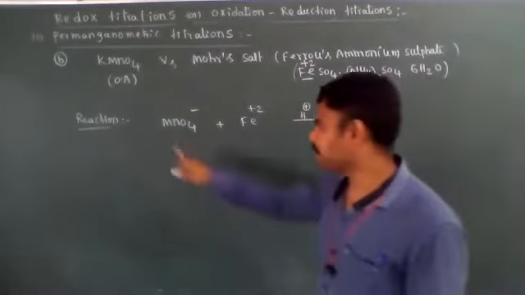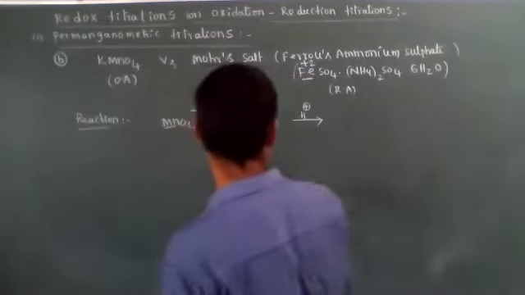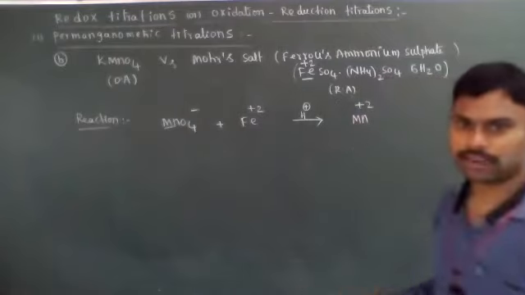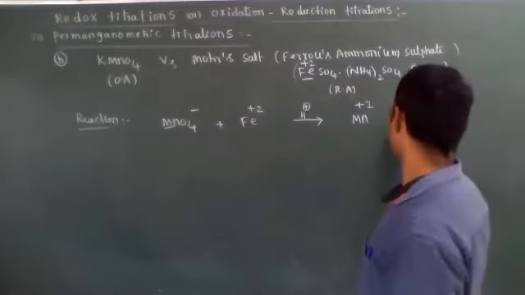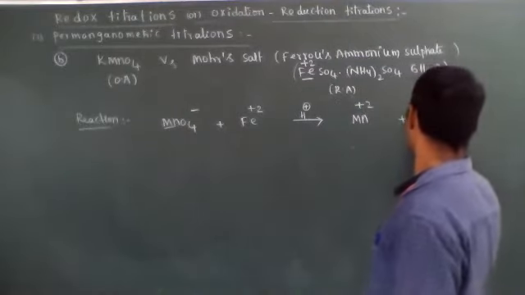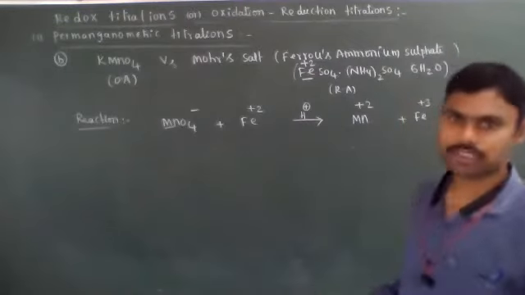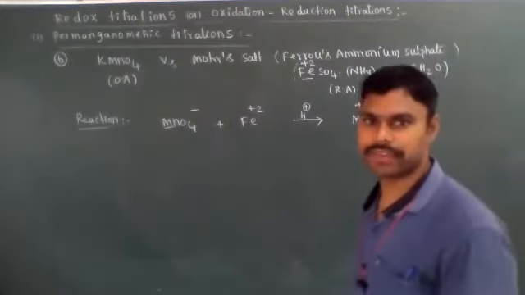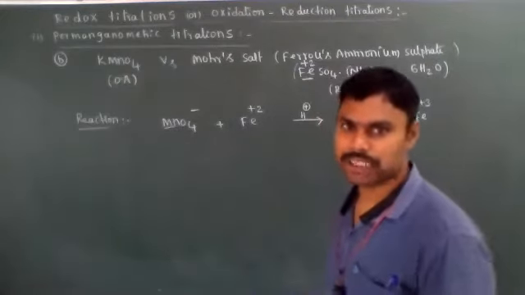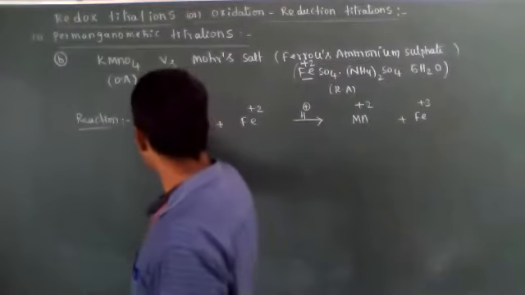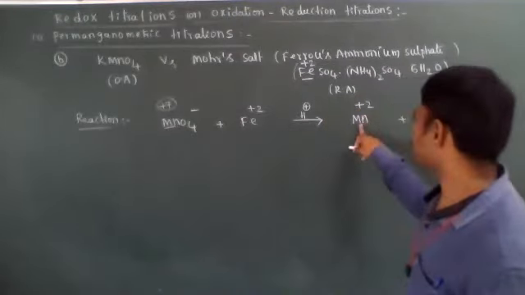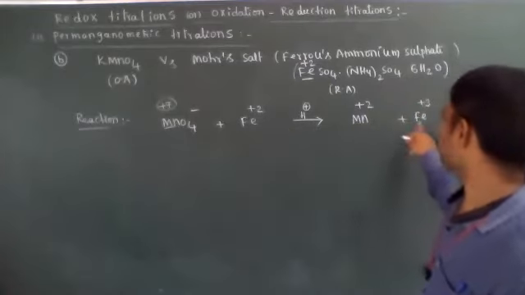Now in acidic medium MnO4 minus is converted into Mn+2, and Fe+2 is converted into Fe+3. Now this is the skeleton equation. This equation we need to balance. Let's see by using the oxidation number method. Here the oxidation state is +7 for manganese and here Mn+2.